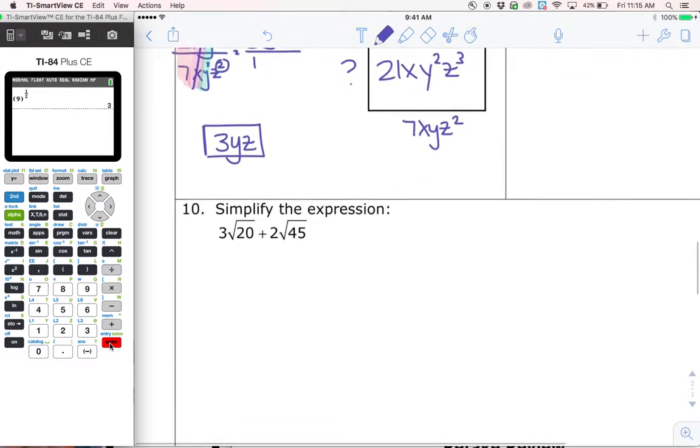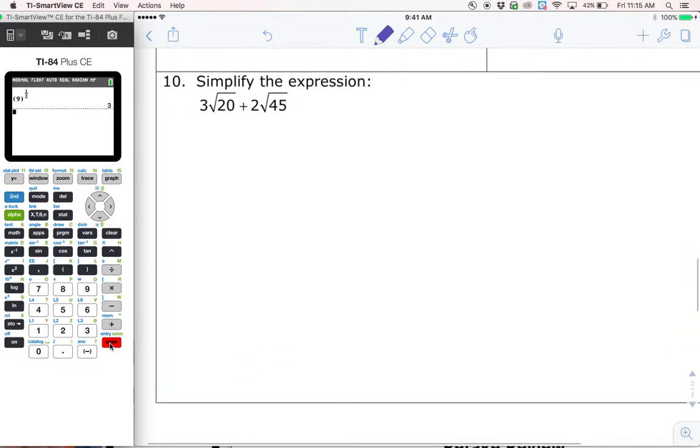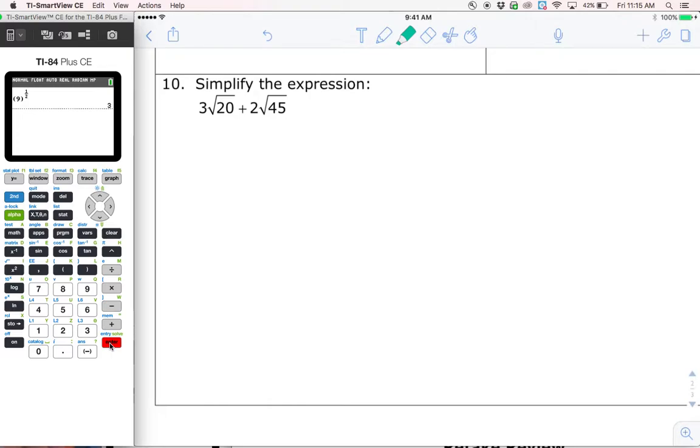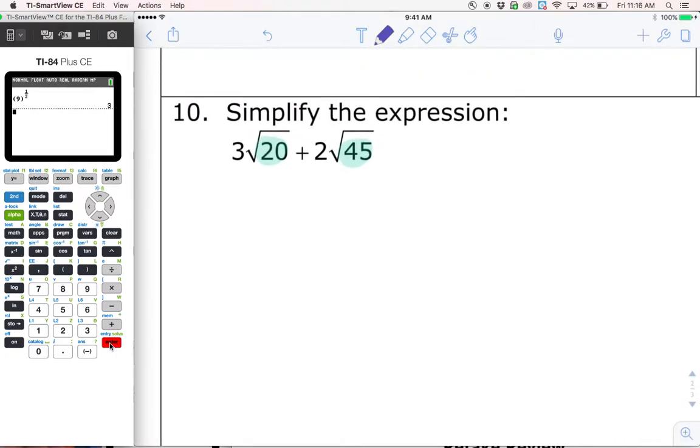Finally, problem 10. In problem 10, we're trying to add two terms with square roots, but we can't do it right now because 20 and 45 are not the same. Remember, if you're going to add two radical expressions, you need to make sure that you have the same numbers inside, okay? So we're going to go ahead and try to simplify, and I'm going to use my factor trees here. 20 is really 4 times 5. 5 is prime, so now we look at the 4.